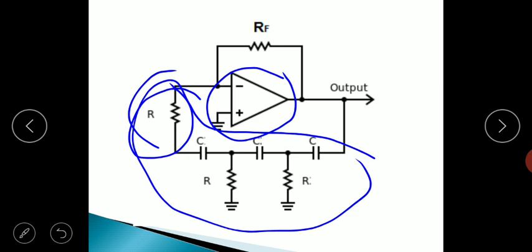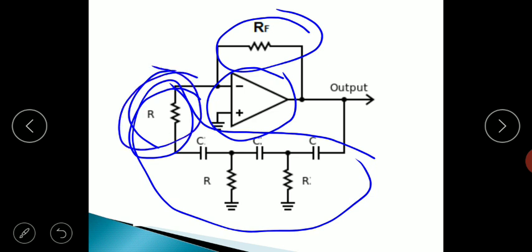So this is like the feedback resistance RF, and this also acts like the input resistance for the op amp. So this R is selected in such a way that it serves 2 purposes, that is the input resistance in case of the op amp, and also it is a part of the feedback network.